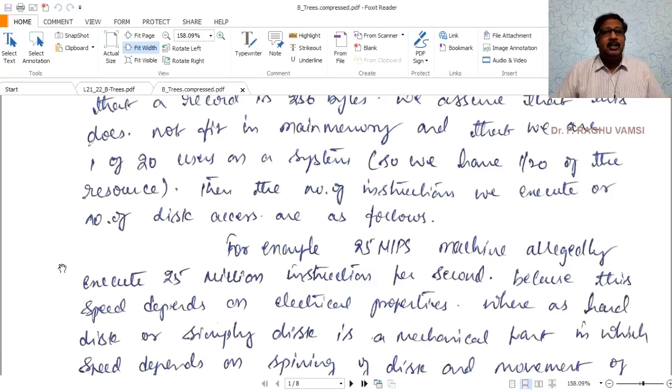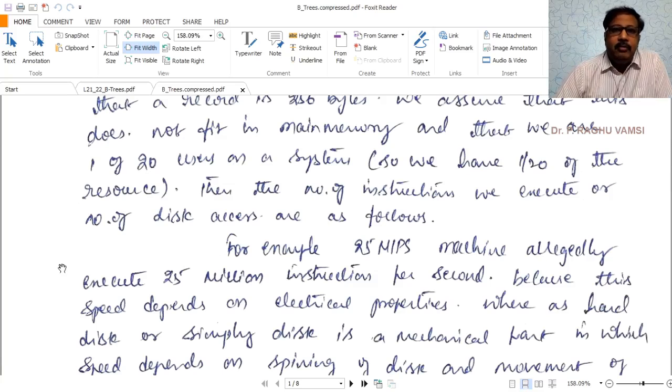So recall that concept here. A 25 MIPS machine executes 25 million instructions per second, because this speed depends upon the electrical property, such as the 5 volts of power supply that you supply to that processor. Because of this electrical property, that many instructions per second can be executed.